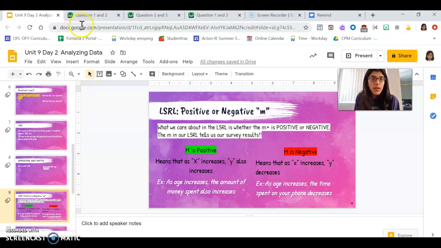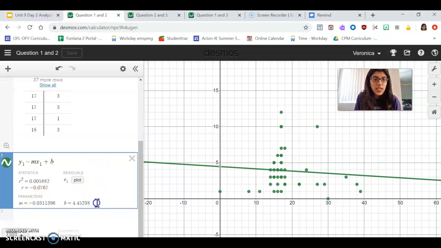If you go to your stats here where we entered in our LSRL, notice we have an R squared, an R equals, an E1, and then down here where it says parameters, it says m equals negative 0.0311396. The decimal itself is kind of not the important part here. What's important is whether m equals a positive or a negative number.